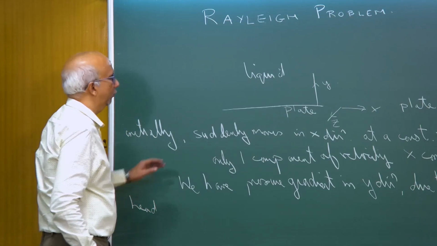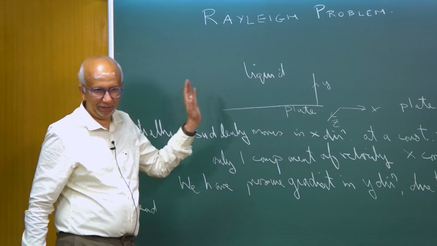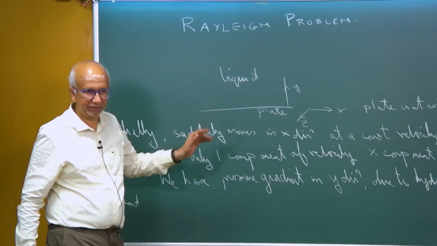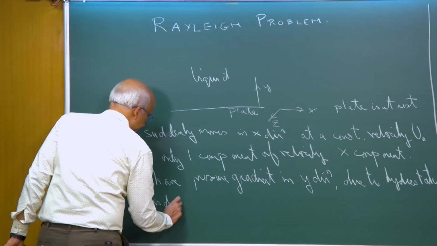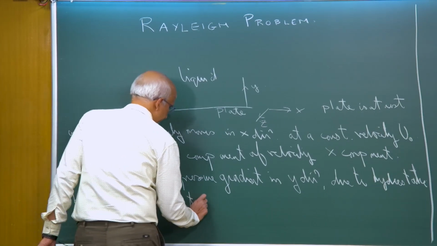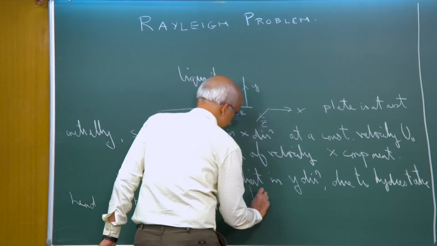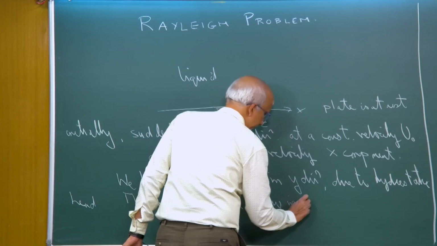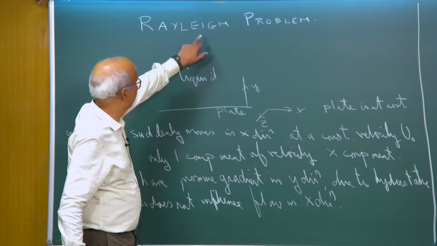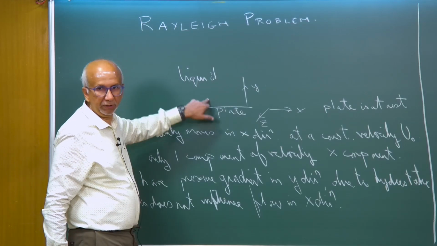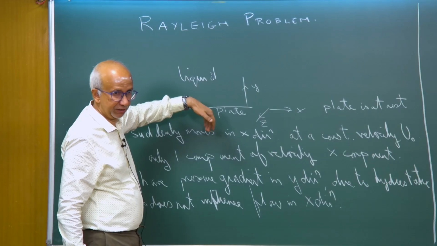I am calling it hydrostatic because as far as y direction is concerned, there is no flow. Actually flow is there in the x direction. So, this does not influence the flow in the x direction. You understand? Pressure here is going to be more than the pressure on top because of gravity, rho g h.